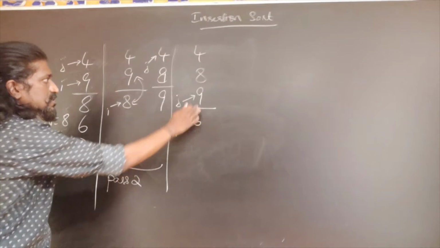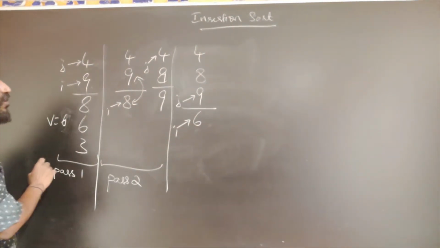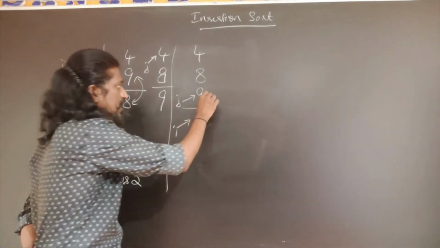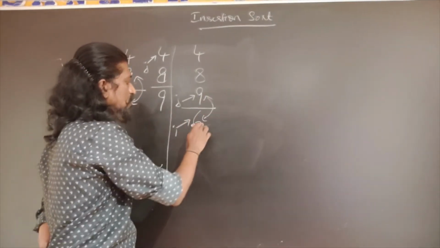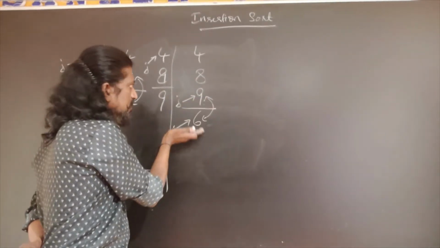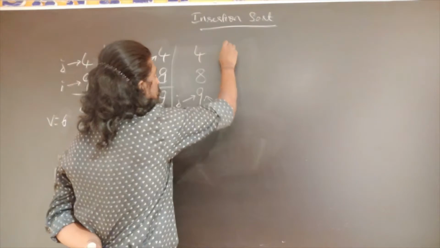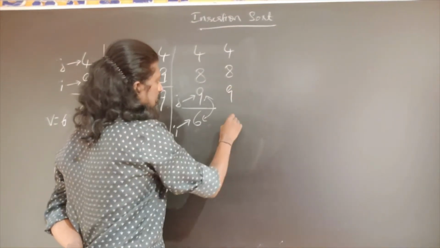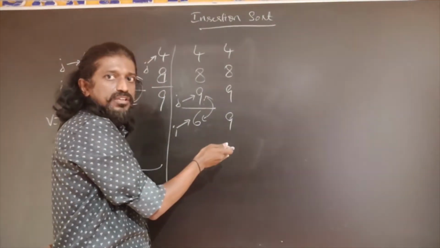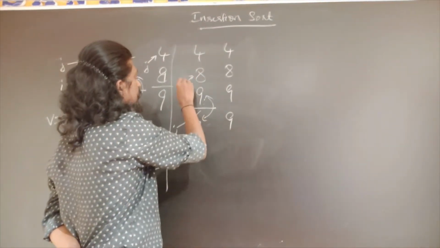Since this will be moved down, 6 will be copied to a temporary location, and we compare 6 and 9. We find that 6 is smaller than 9, therefore it has to come somewhere above 9. So we immediately copy 9 one location downwards and decrement j.